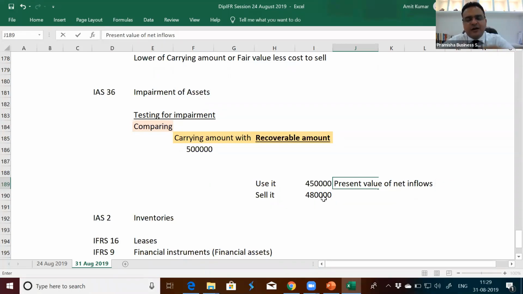In today's terms, the total present value of all the net inflows over 5 years is 450. But today if I sell it, I'll get 480. Why would you engage in an activity for 5 years which results in cash flow equivalent to only 450 in today's terms, when you can immediately get 480? What will make more sense?